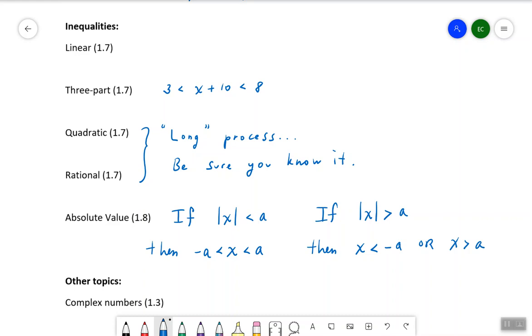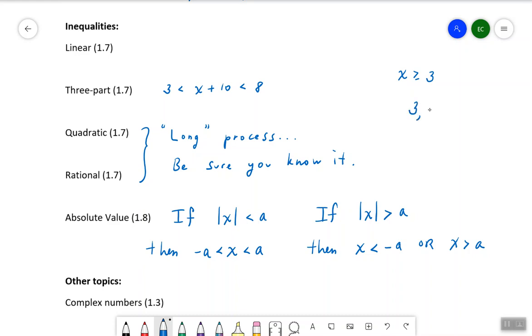The other thing that I want to mention with the inequalities was interval notation. Be sure that you're comfortable with interval notation and when to use parentheses and brackets. A real short example: if I had the inequality x is greater than or equal to 3, do you know how to write that in interval notation?